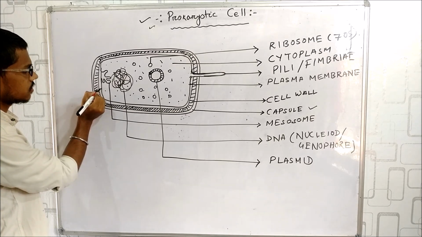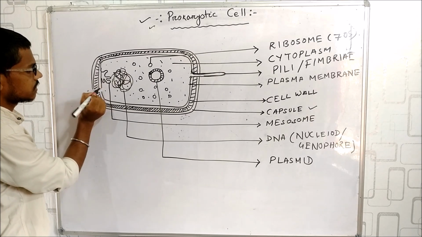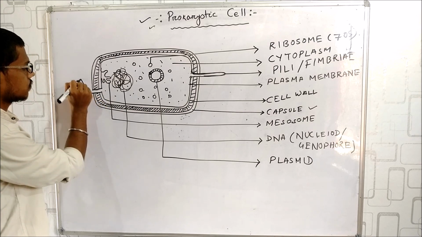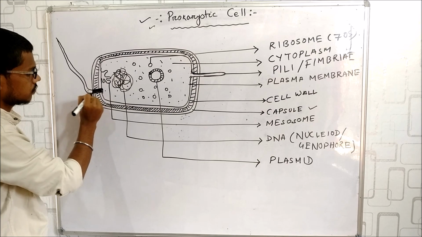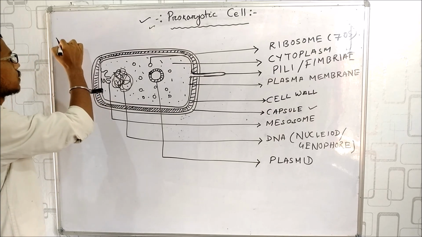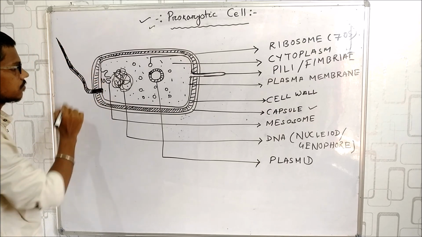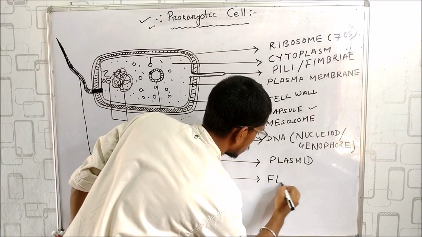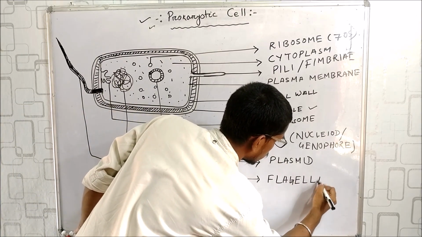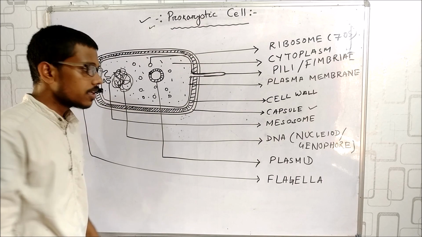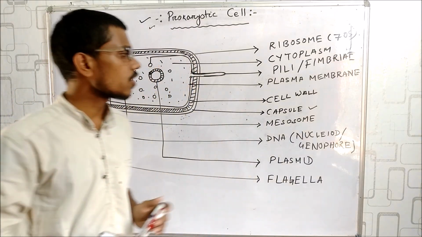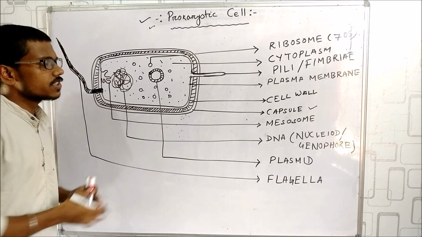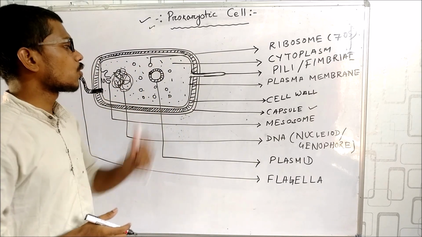Suppose the flagella is present here. As you know, the flagella help in the locomotion of this bacteria or prokaryotic cell. So this is the detailed structure of the prokaryotic cell.